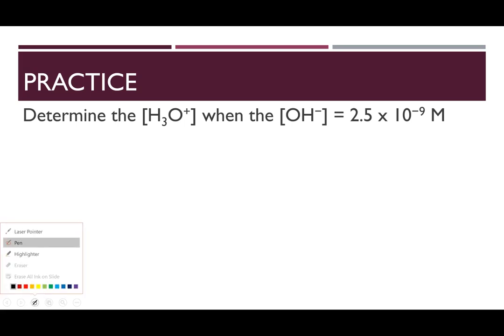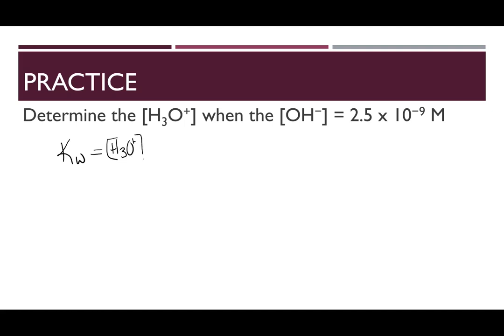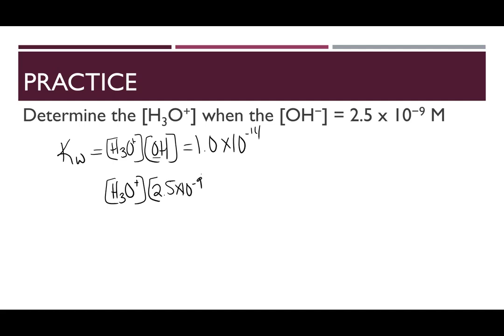All right, so to solve this equation, we're going to start with that dissociation constant or ion product of water, which is the concentration of hydronium times the concentration of hydroxide, and that equals 1.0 times 10 to the negative 14th. Okay. They give us the hydroxide concentration, so I'm just going to plug that into our equation. And we are solving for hydronium. So this is 2.5 times 10 to the negative 9th.